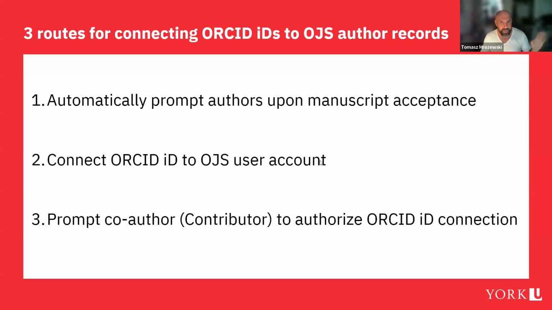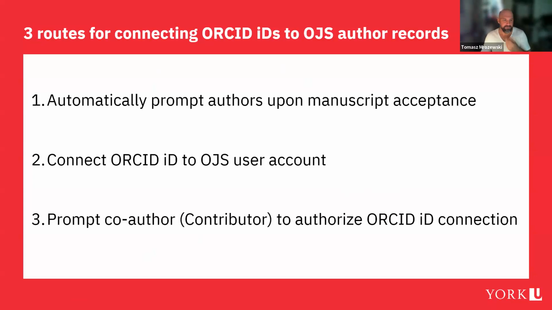Okay, moving on to how you actually connect the ORCID IDs with the author records. There are three routes for doing this, one of which I very strongly prefer and would advise you to follow, unless there are compelling reasons not to, which is to automatically prompt authors upon manuscript acceptance to connect their ORCID IDs. If you follow this option, there's virtually no editorial or administrative labor burden.